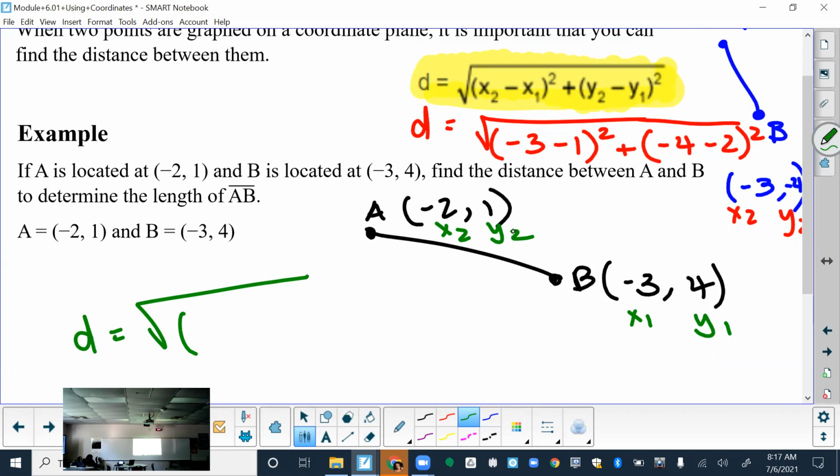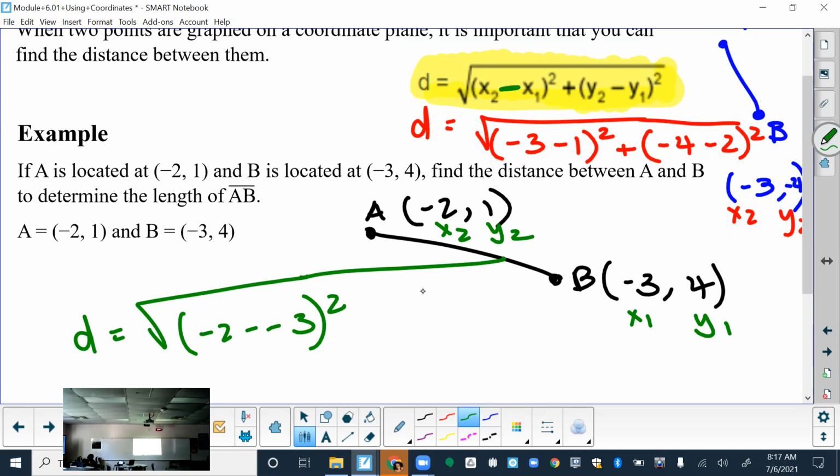All right. So this way we're saying that x2 is -2, minus, because that comes from the formula, x1, which is -3. I know we can simplify that, but I'll just leave it like this for right now.